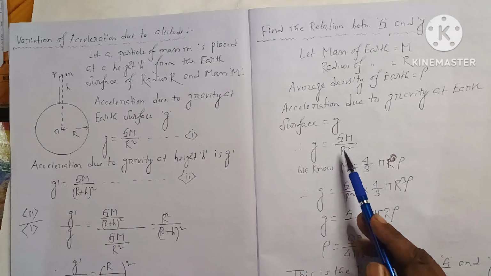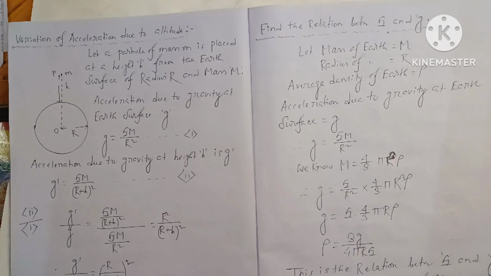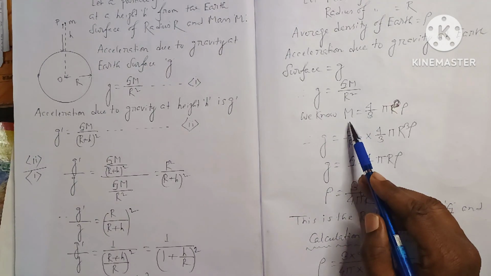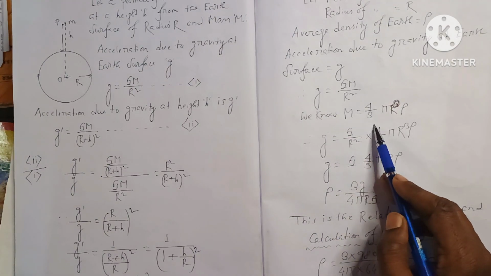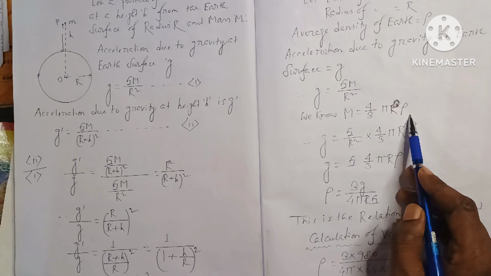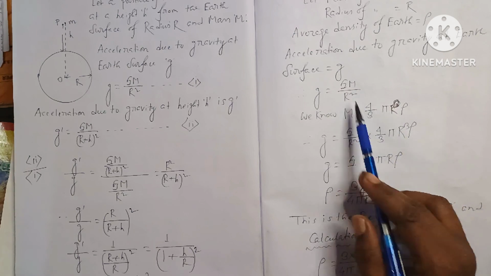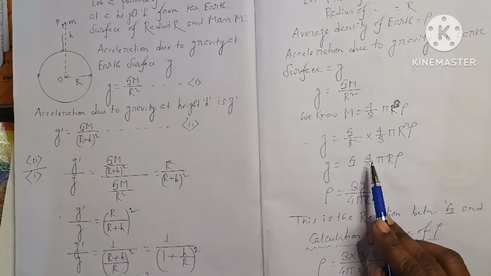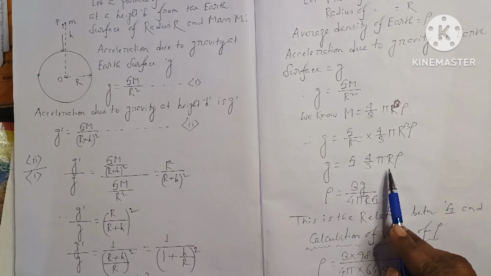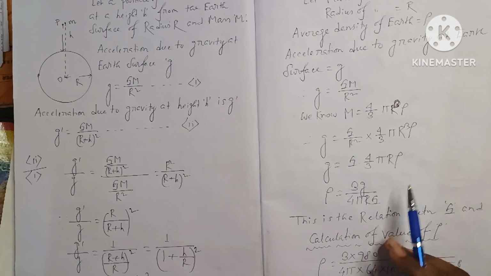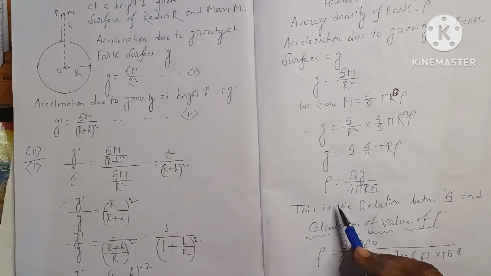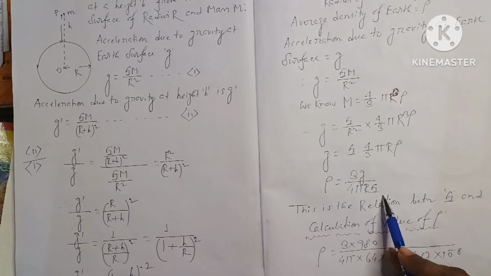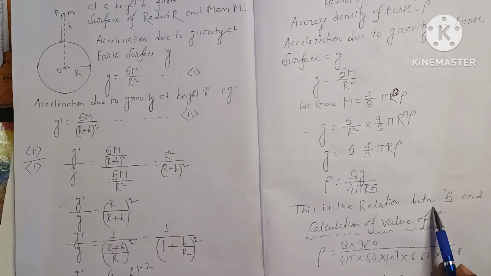We can write g equals GM by r square. We know that M equals 4 by 3 pi r cube into rho. Putting this value in this equation, we get g equals G into 4 by 3 pi r rho. So we get rho equals 3g by 4 pi rG. This is the relation between small g and capital G.